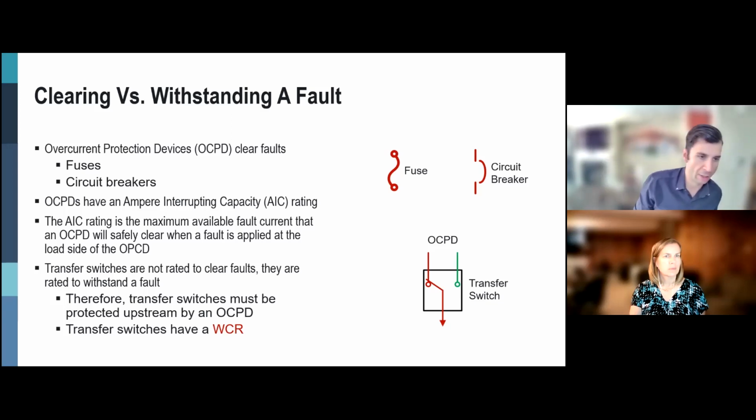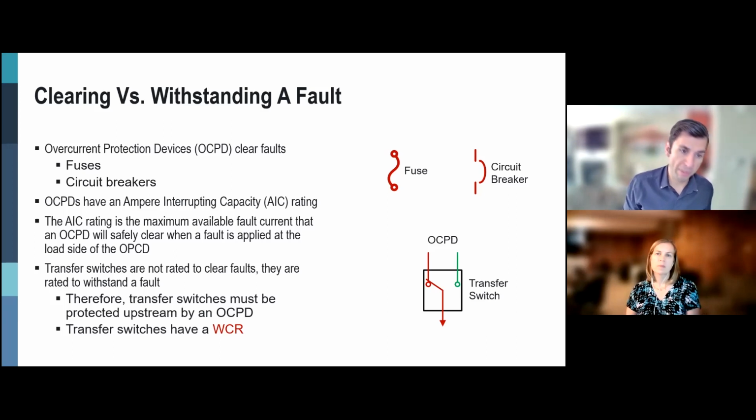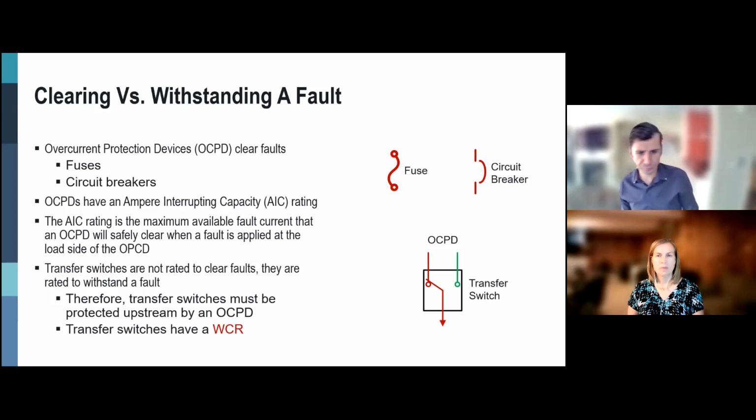So we don't cause damage. So they have what's called an ampere interrupting capacity, AIC rating. The AIC is the maximum available fault current that an overcurrent protection device can safely clear when a fault is applied at its load side.